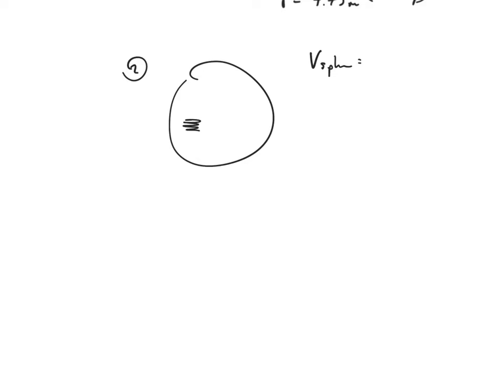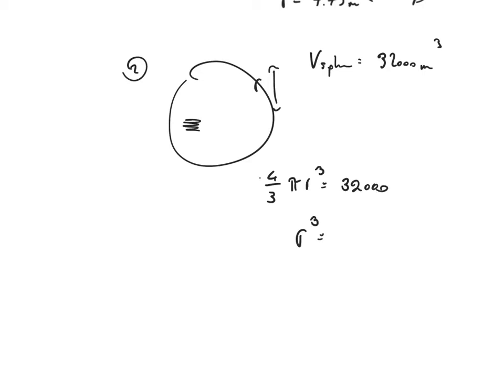Okay, let's try another. This time we're told that the volume of a sphere is equal to 32,000 cubic millimeters, and we're asked to find the radius of the sphere. So volume of the sphere, 4/3 pi r cubed, is equal to 32,000.